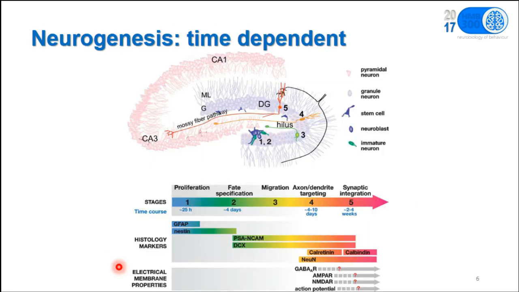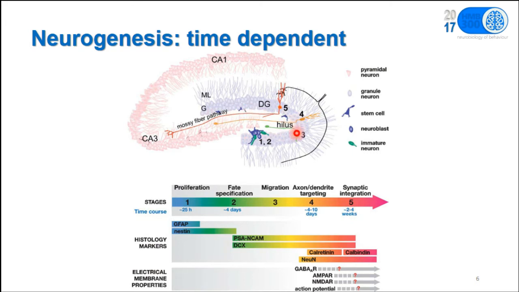So let me also put up this slide here. I want you to get some general features of what I'm going to be talking to you about. This is the entire hippocampus. We can subdivide the hippocampus into anatomical regions like the CA1 region, the CA3 region, and over here, the region that I've been talking to you about, the dentate gyrus, abbreviated here as DG.